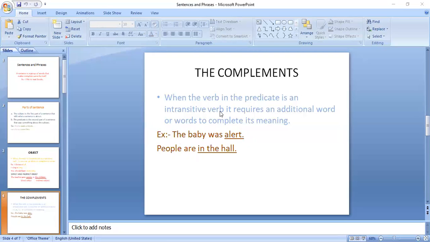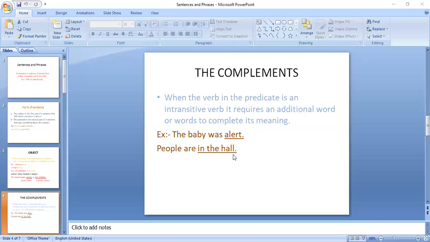But an intransitive verb requires one complement, an additional word, to complete its meaning. So the baby was alert. Alert is the complement here.